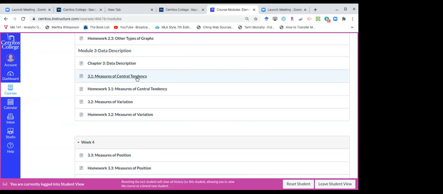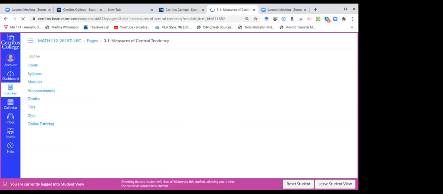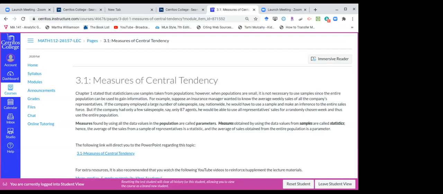So let me show you here. For example, the measures of central tendency, we're going to be talking about the differences between measures of population called parameters and measures of sample called statistics.